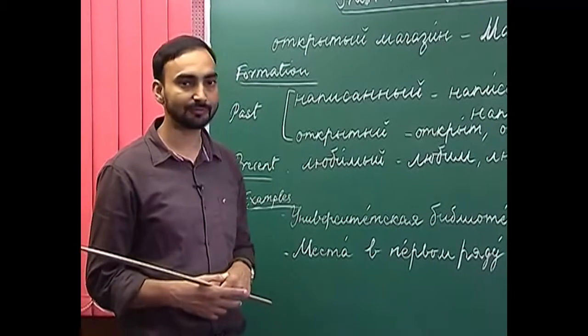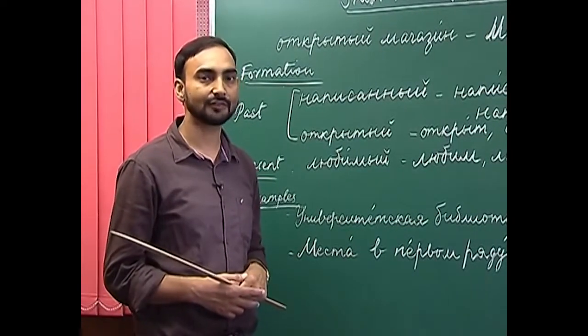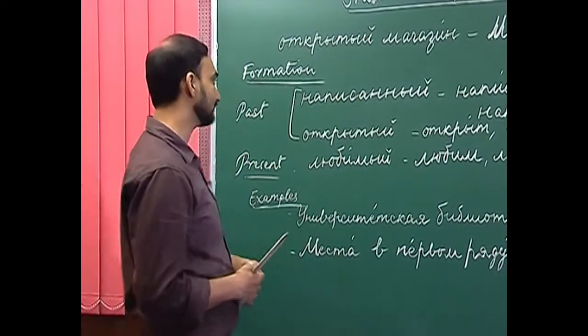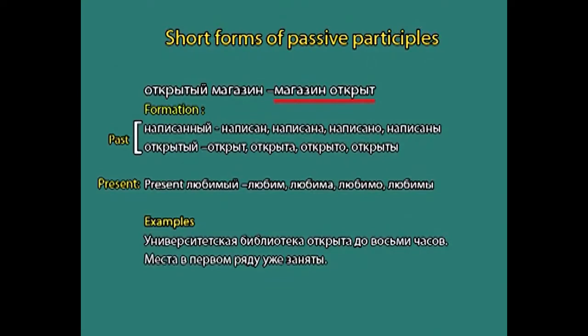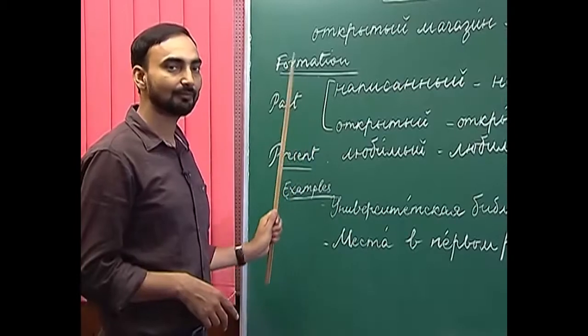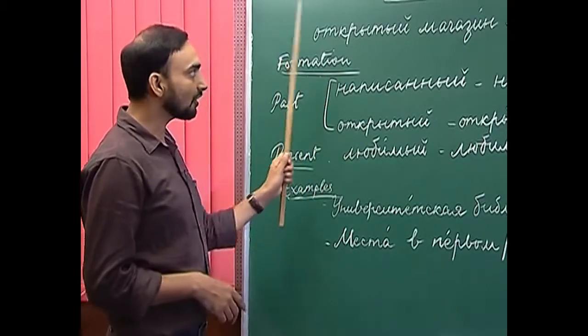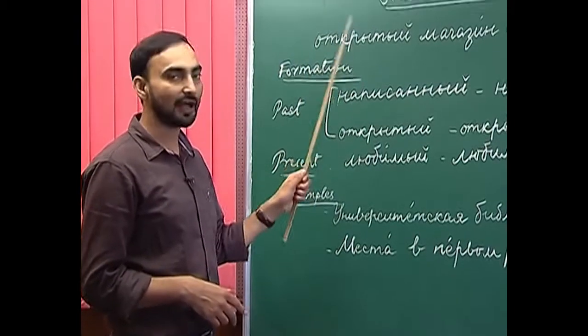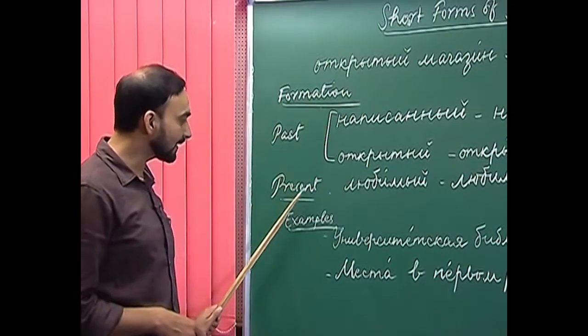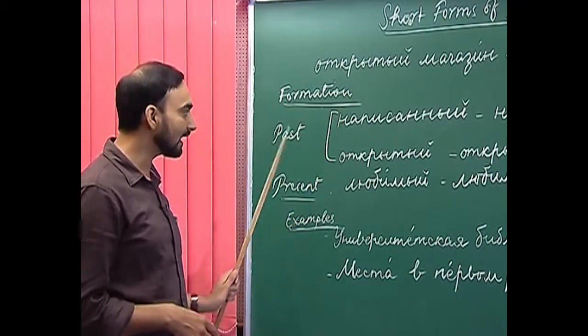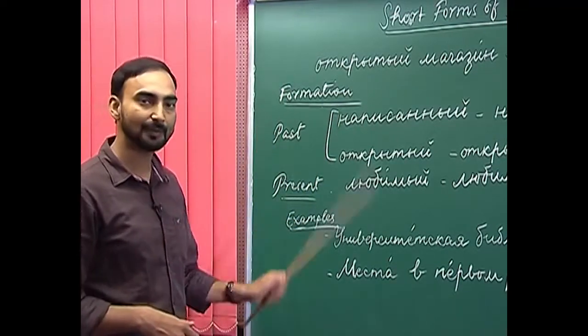So, how do we form the short forms of the passive participles? Passive participles have present participle passive and past participle passive. The short forms are formed from present participle passive as well as the past participle passive.